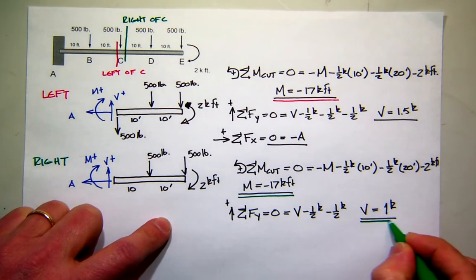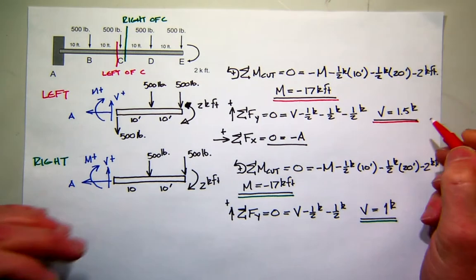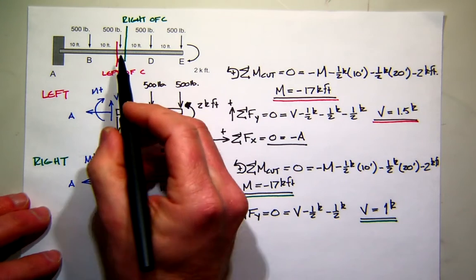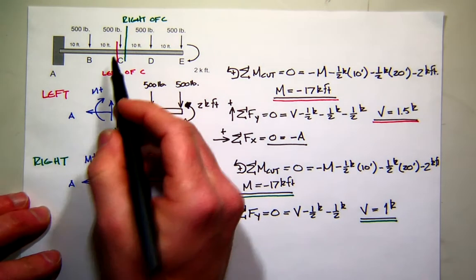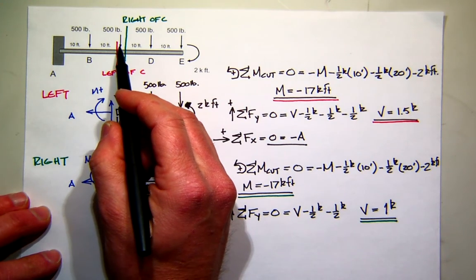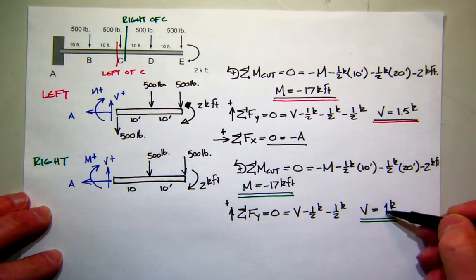Well, it was 1 kip to the right, but it was 1.5 kips to the left. So what changed in the shear? Well, it was 1.5 to the left, and then I pass under this 500-pound force, and it changes by that amount. See the difference in the two?